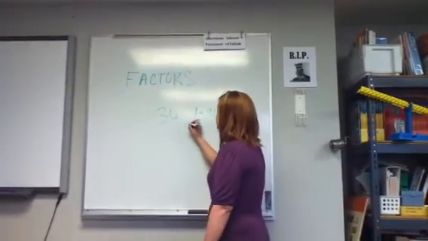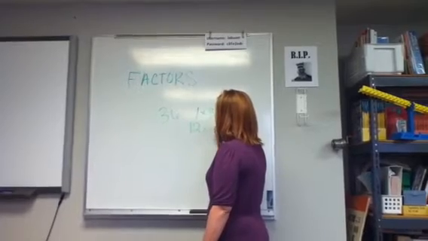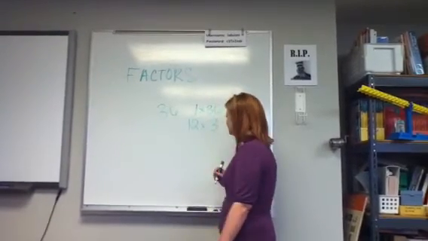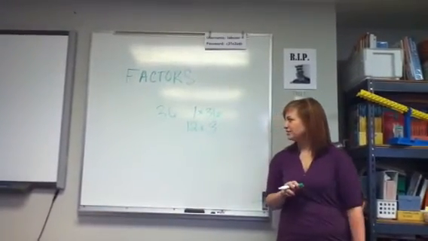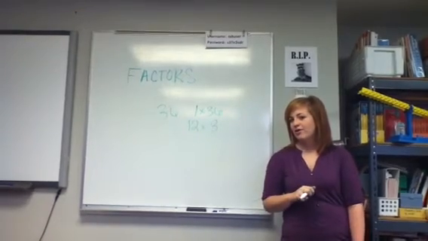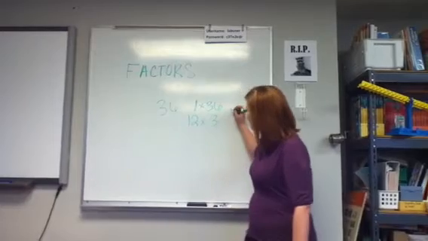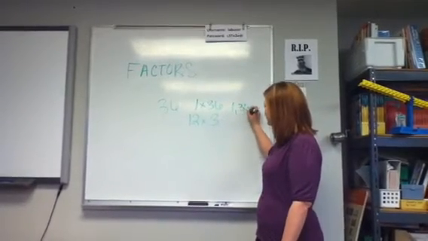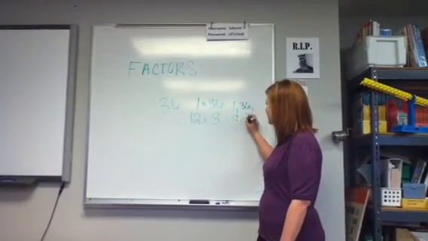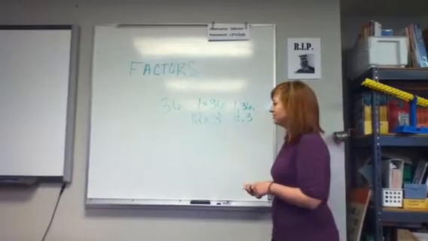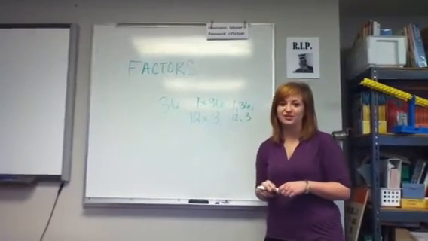That's right. 12 times 3. Anybody else? Okay, so 1, 36, 12, and 3 are some of the factors of 36, but I want you guys at your desk to figure out the rest.